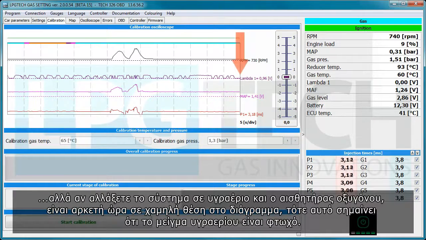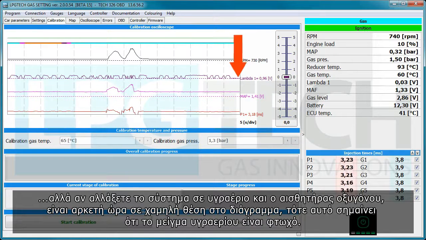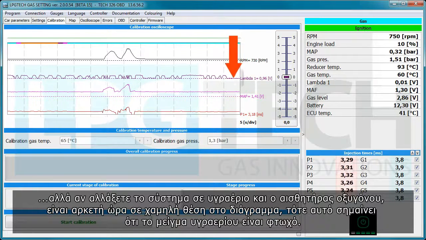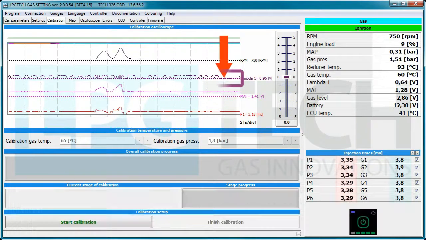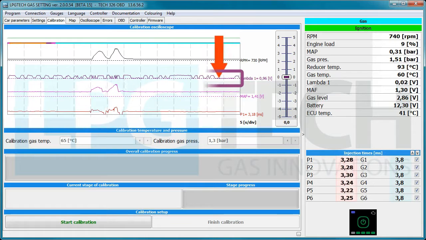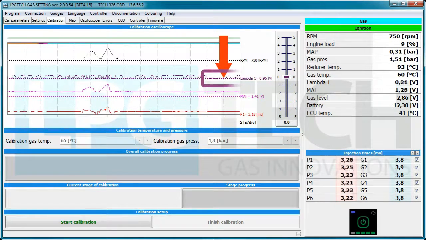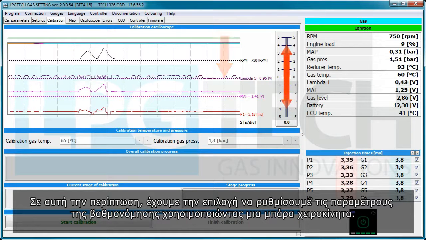But if you switch the system to gas and the oxygen sensor is for a long time in the lower position on the diagram, then it means that the gas mixture is weak. In that case, we have an option to manually adjust parameters of calibration by using the slider.